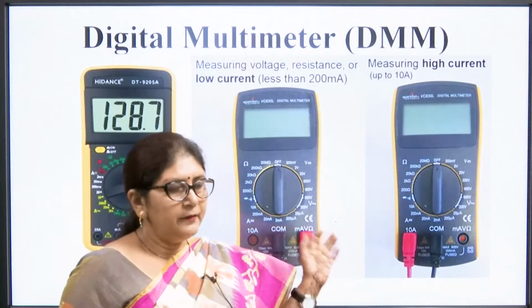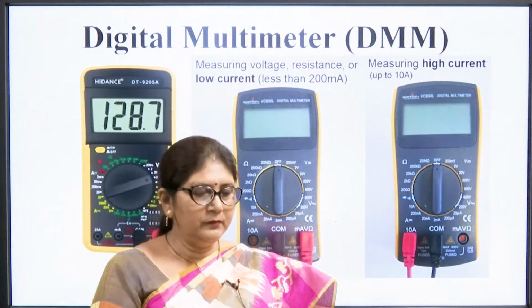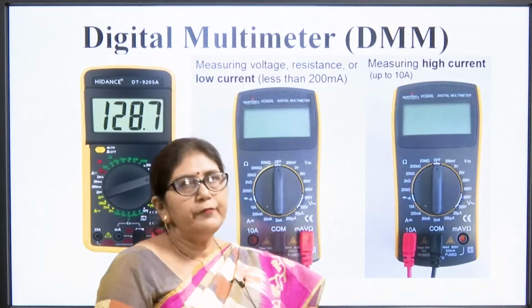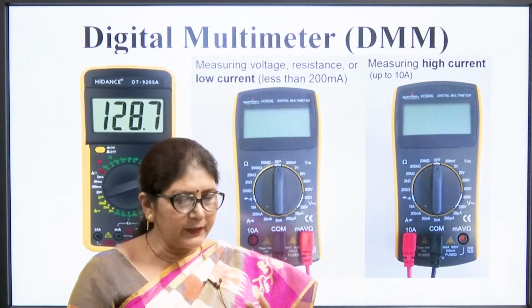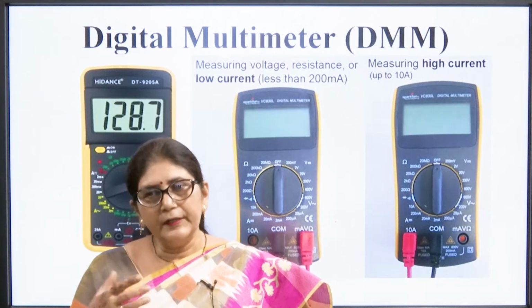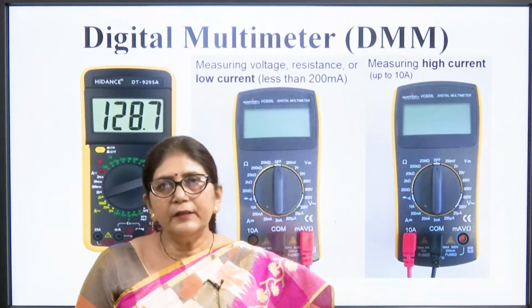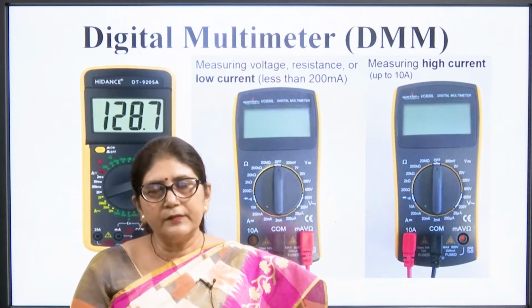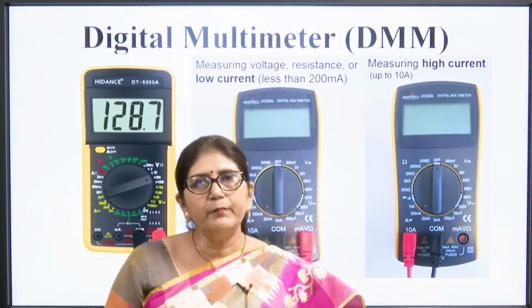So, these are the digital multimeters, and these are known as probes or leads. Suppose we want to measure the current of an electronic circuit. We know that in an electronic circuit there is not much current, it is always less than 1 ampere, in the milliampere or microampere range.